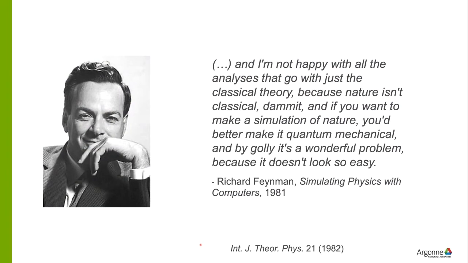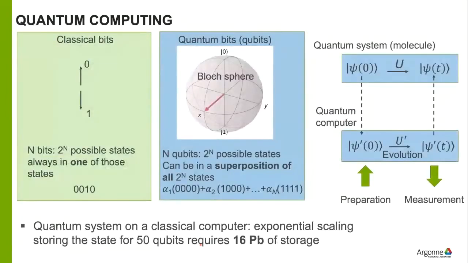In other words, you need a quantum computer to simulate quantum systems efficiently and accurately. And so, as you've probably learned yesterday, the difference between classical bits and quantum bits. So for an array of n bits, you have 2 to the power of n possible states, and your system is in one of those states.